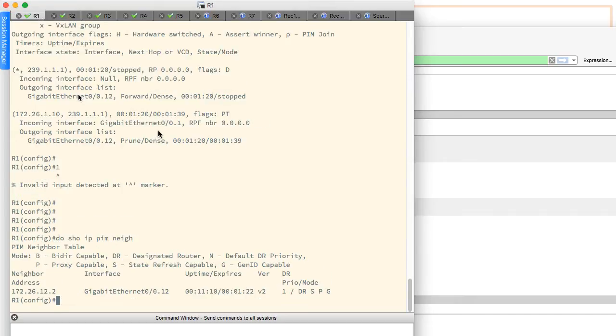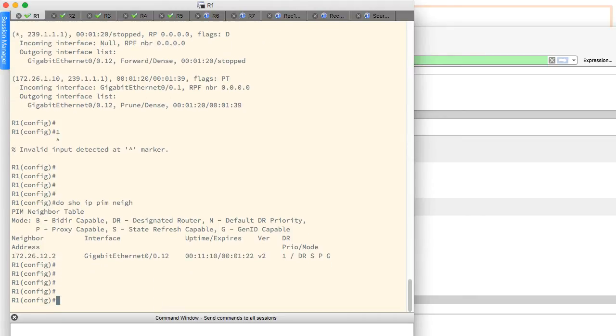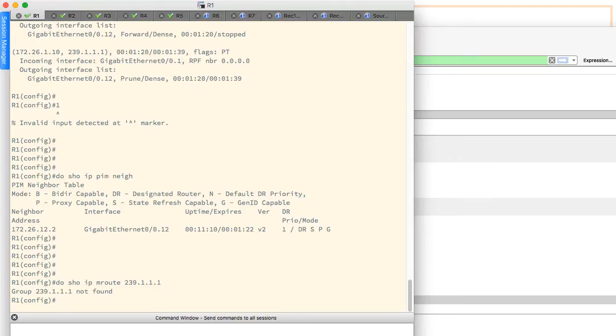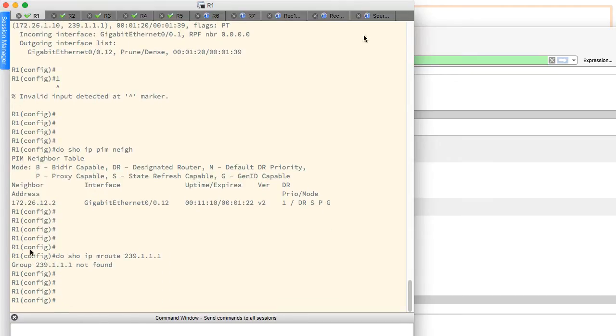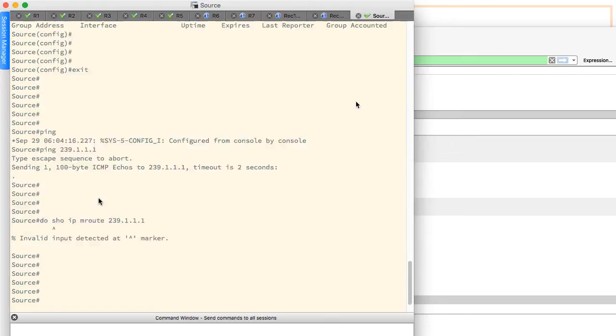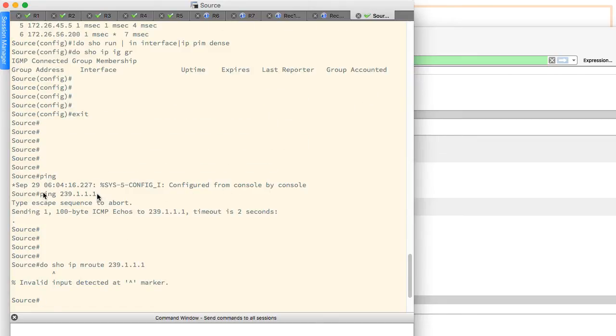Well, back to the case at hand, which was looking at the dense mode routing table. So right now, if I look at the show ip mroute, I'm pretty sure I would see nothing. Group 239.1.1.1 not found. That is because my source sent a single ping and then it died down. So it sent no more pings after that. There was just a single ping sent right here, and after that, the source went quiet.